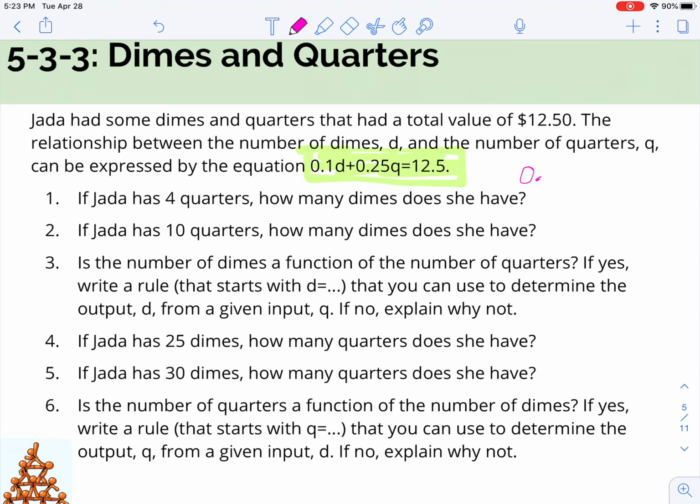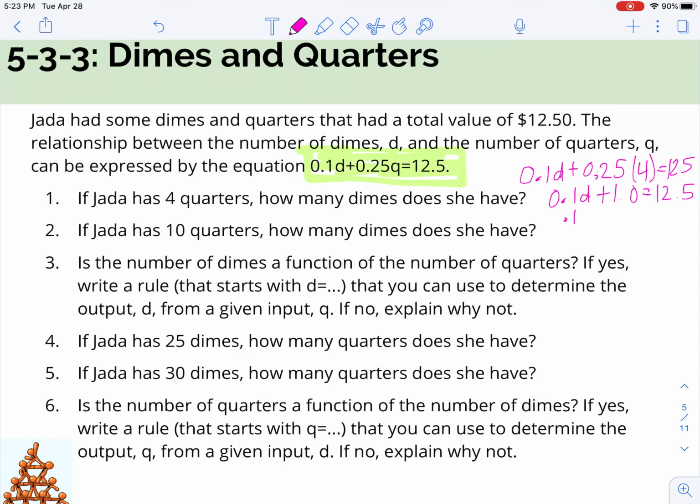So 0.1D plus 0.25 times 4 equals 12.50. So 4 quarters is $1, so that's 0.1D plus 1.0 equals 12.5.